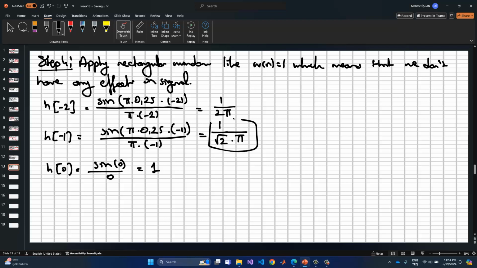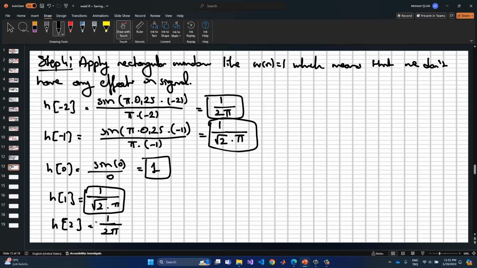This is the first coefficient, second coefficient, third coefficient. h[1] is 1 divided by square root 2 pi, and h[2] equals 1 divided by 2 pi. This is the simple case for designing the FIR filter, or calculating the FIR filter coefficients.